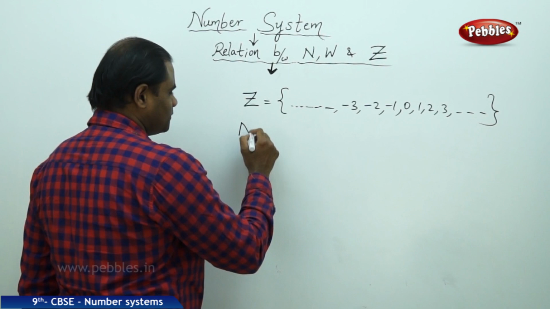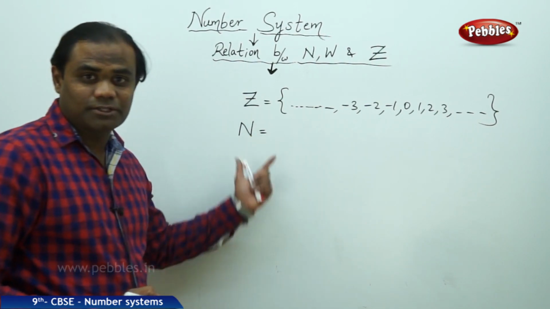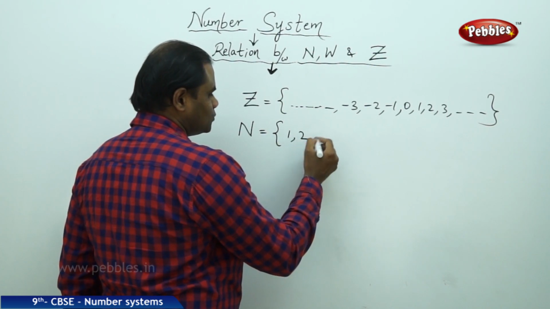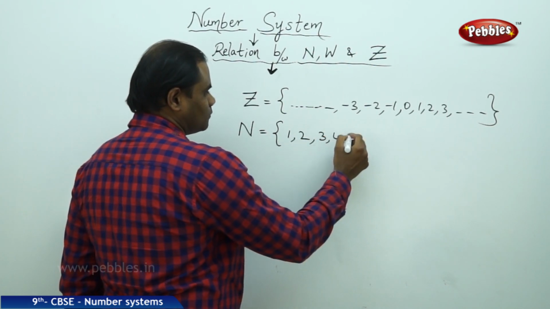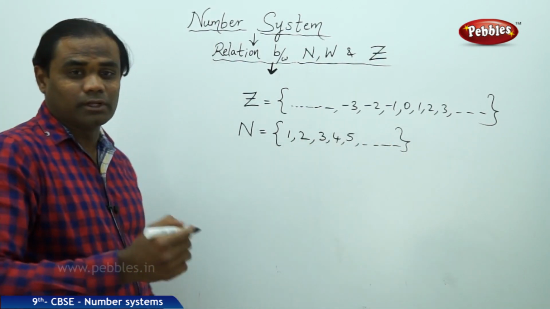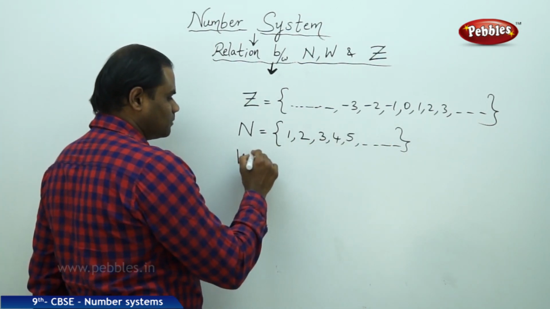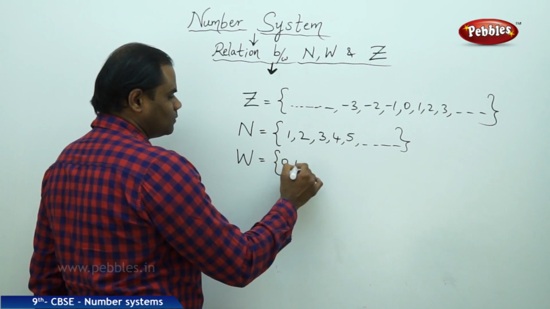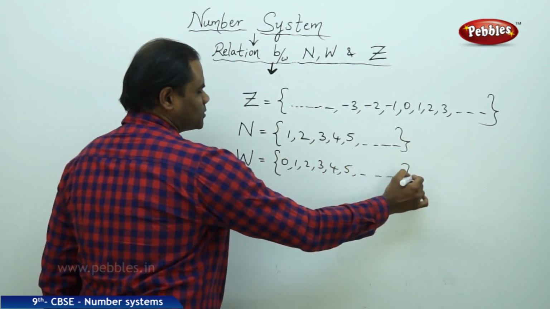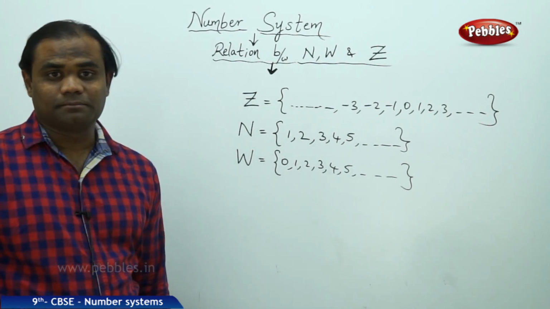As discussed in the previous session, the set of natural numbers N is 1, 2, 3, 4, 5, and so on, and the set of whole numbers denoted by capital W is 0, 1, 2, 3, 4, 5, and so on and so forth till infinity.